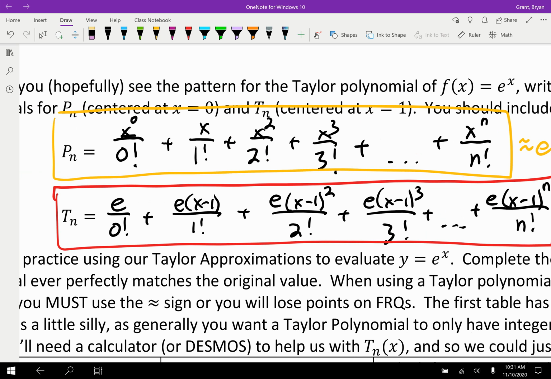The one in red, you arguably have to use a calculator for, because every calculation involves e, which is an infinitely long irrational number, right? 2.71828 blah blah blah. So if you had to choose between these two Taylor polynomials to evaluate e to the x, we definitely use the yellow one. In fact, almost nobody would ever use the red one, but I'm using it today just to show you the comparison.